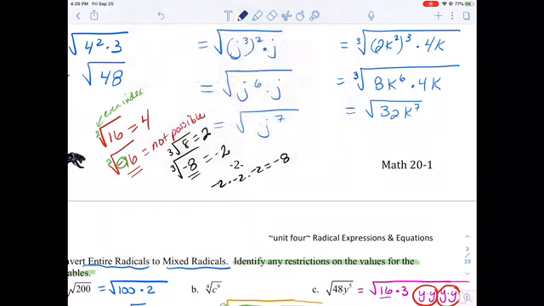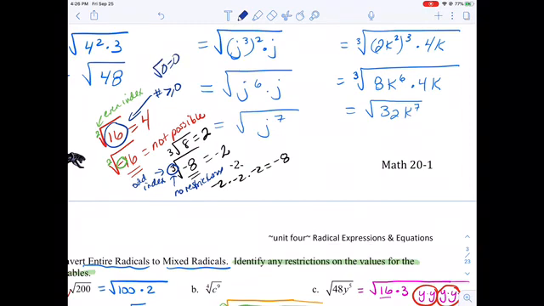Okay, so let's just take a look. Here's an odd index. So if there's an odd index, there are really no restrictions. Okay, if there's an even index, there are restrictions. The number underneath the radical must be greater than or equal to 0, right?